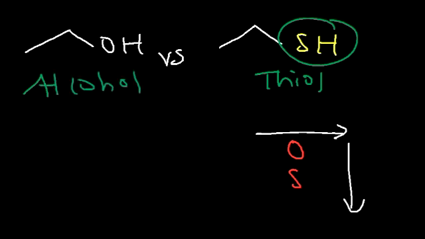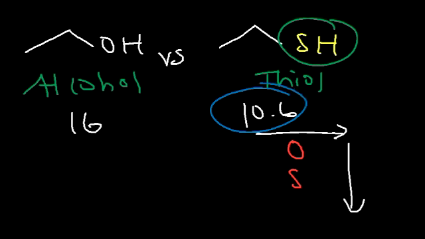Now the pKa for most alcohols is about 16. For ethanol, it's like 15.9. For a typical thiol, it's about 10. But for ethane thiol, it's about 10.6. So as you can see, because sulfur is a bigger atom, thiol is going to be more acidic.